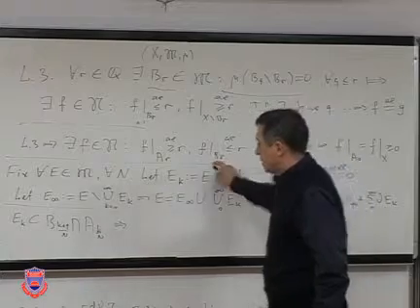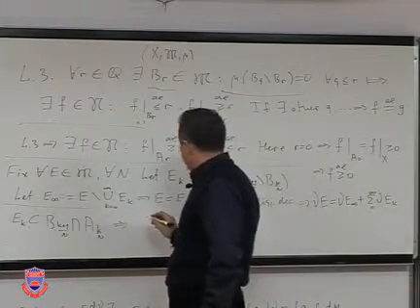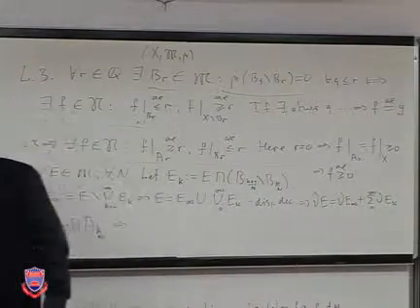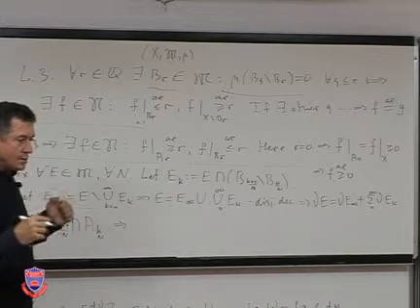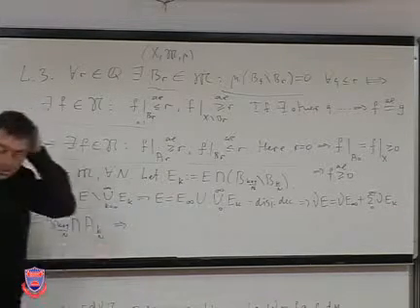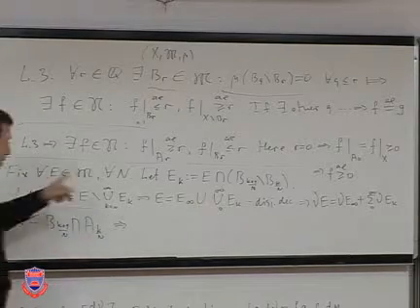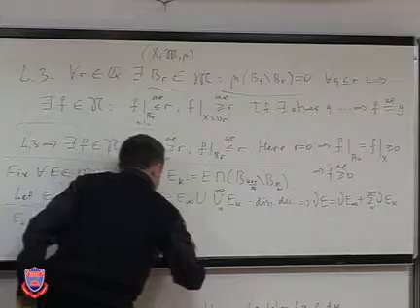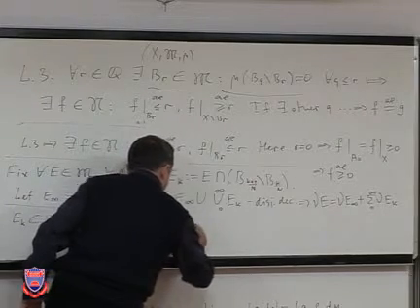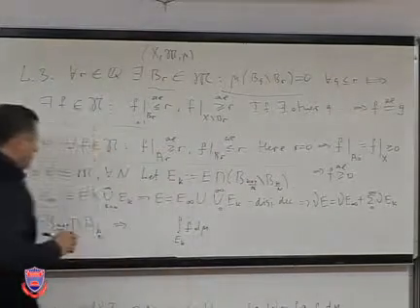Therefore, we can immediately estimate from both sides the integral of the function f over the set E_k, that is, the integral over the set E_k of f d mu.